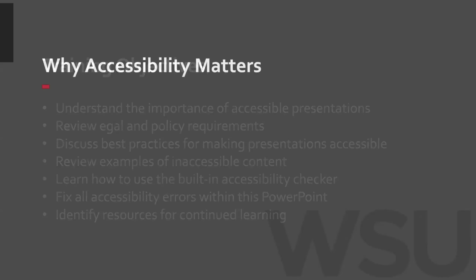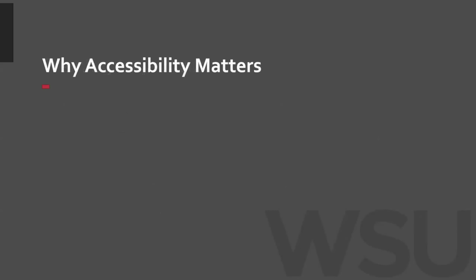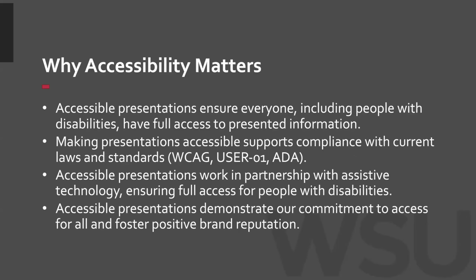The Why Accessibility Matters slide is shown, with a bulleted list. So why does accessibility matter? Accessible presentations ensure everyone, including people with disabilities, have full access to presented information. Making presentations accessible supports compliance with our current laws and standards, including WCAG, the Washington User 01 policy, and the ADA Title II guidelines.